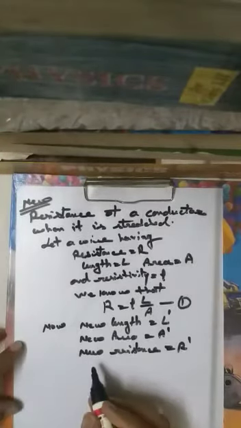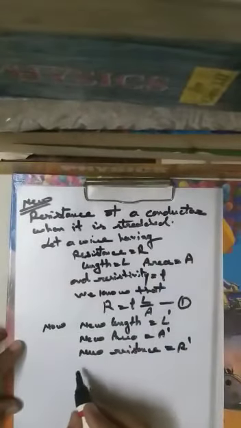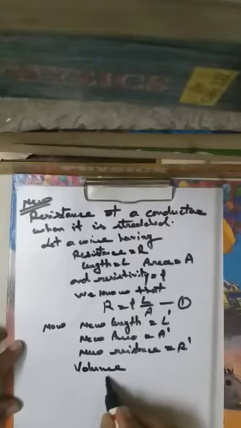When we take a wire and stretch it, its area also decreases. The wire we have, initial and final, has the same volume. This method is based on the volume of the wire initially being equal to the volume after stretching.